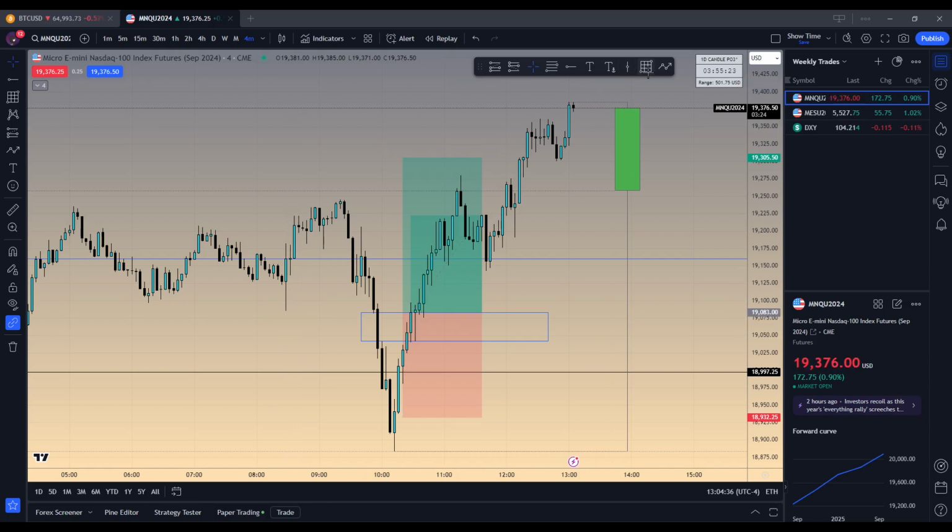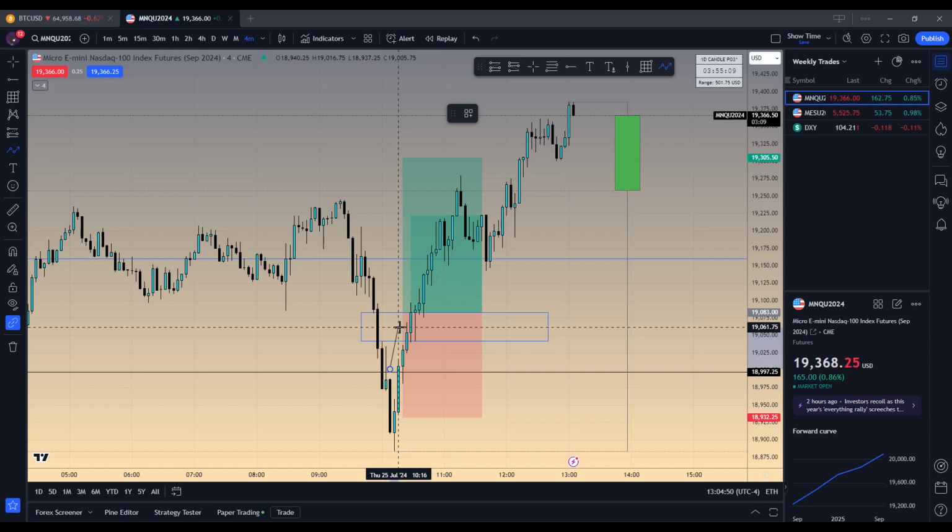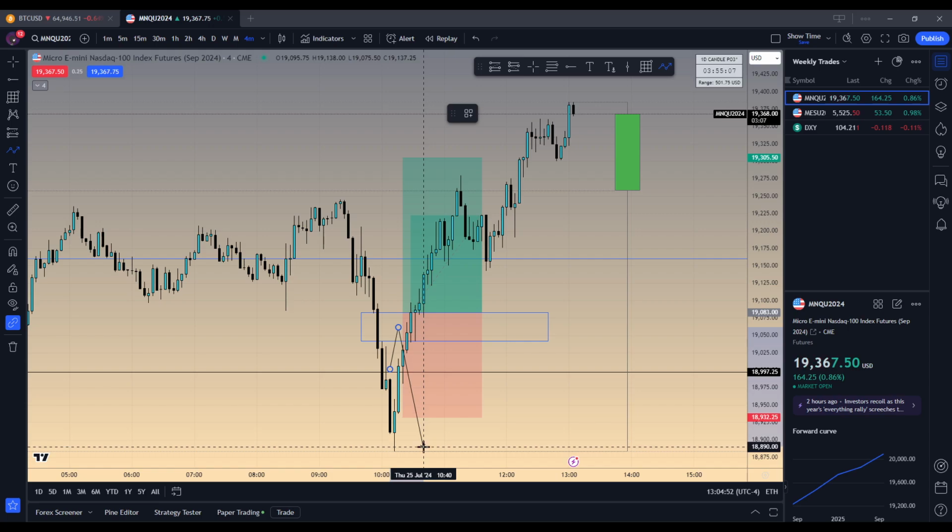In this case, this is a bearish fair value gap. If people watch two ICT videos and think they're the best trader in the world, they think that every bearish fair value gap is meant to be respected and we should have gone lower here.